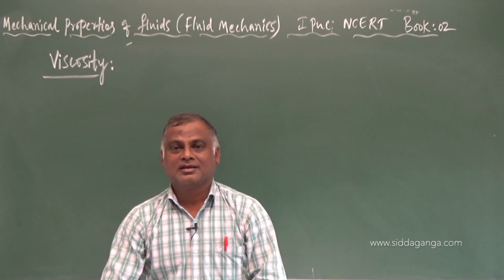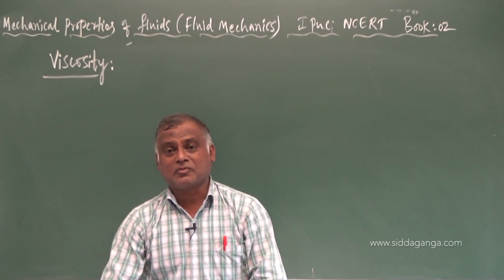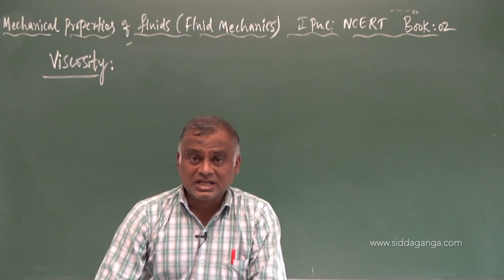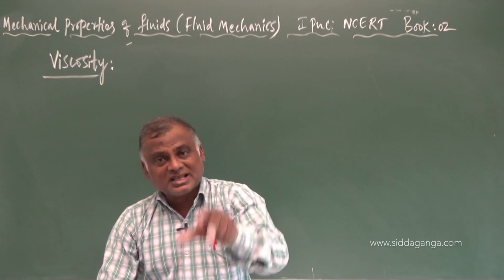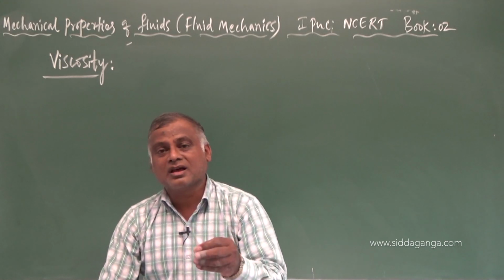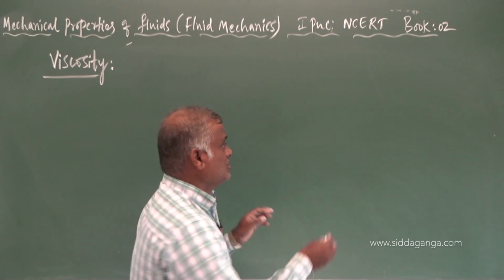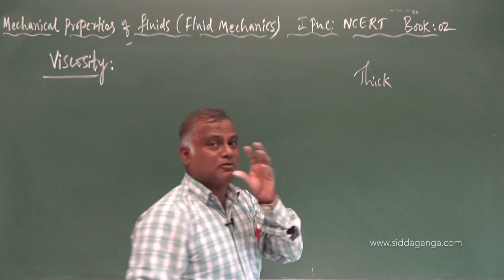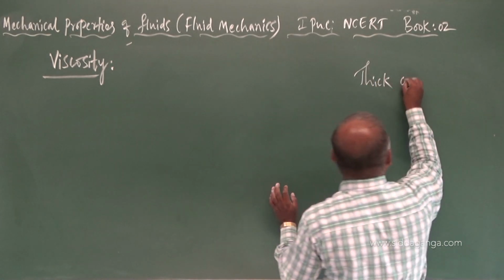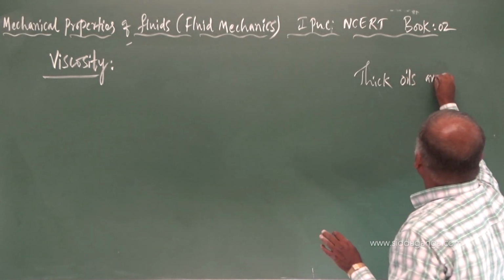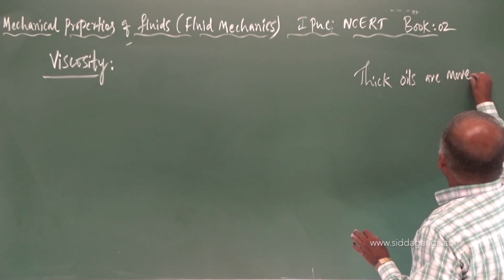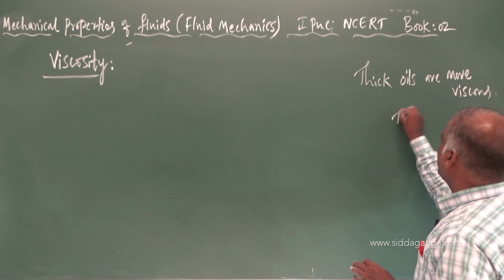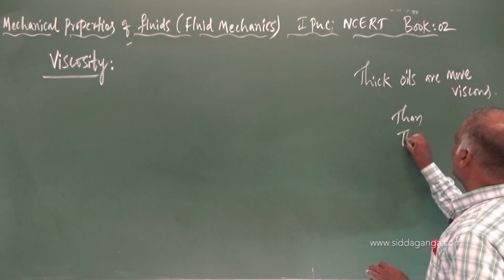Means there is one mechanical property of fluid, what we call as viscosity. So in these examples, whatever you feel thicker oils, thick oils, are more viscous than thin oils.